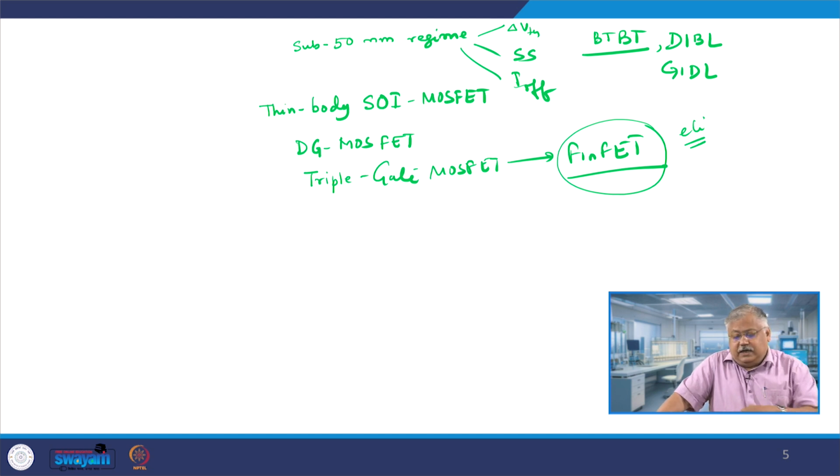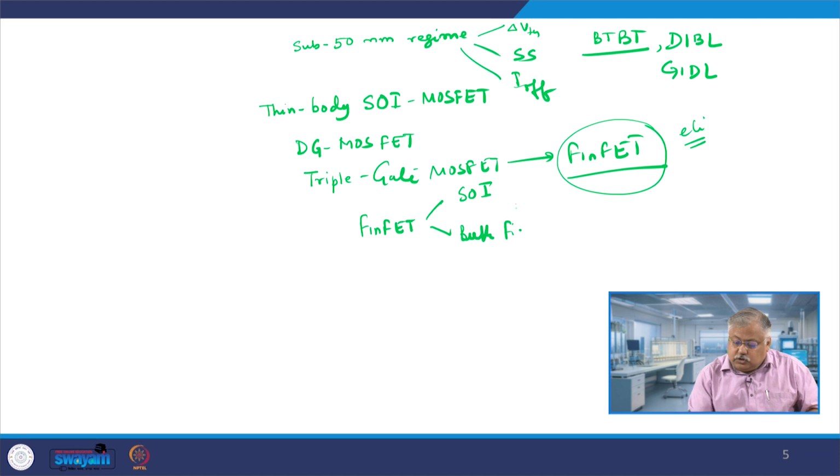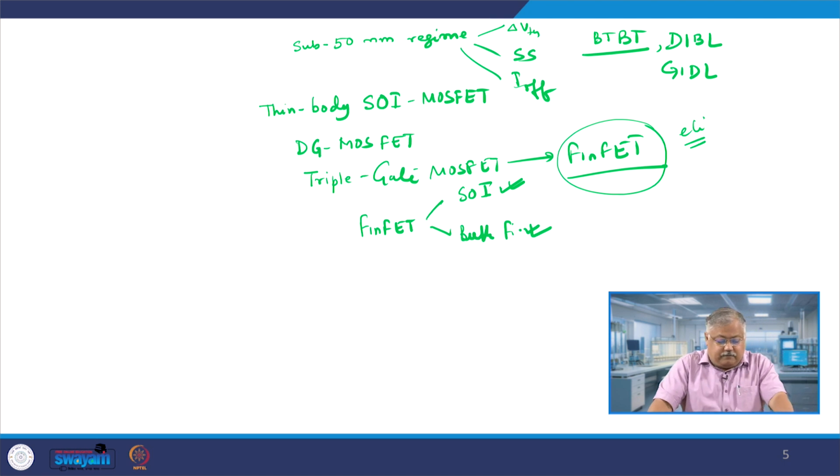Typically, I will come to that later on. I will show to you that FinFETs are also segregated into two structures: SOI FinFETs and bulk FinFETs, and I will show to you in the next graph how this SOI and bulk FinFET comes into picture.